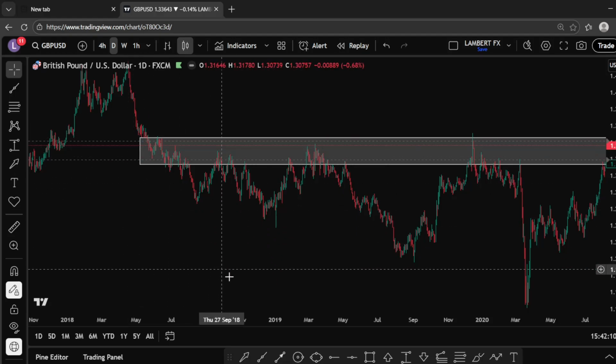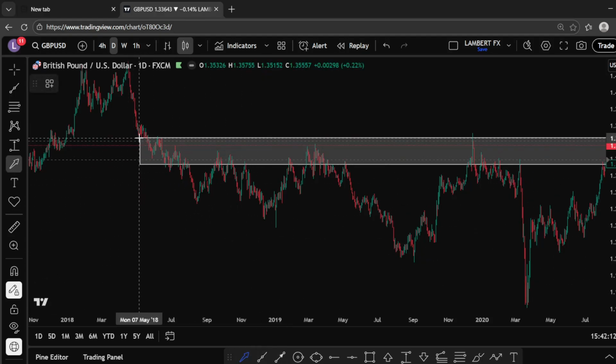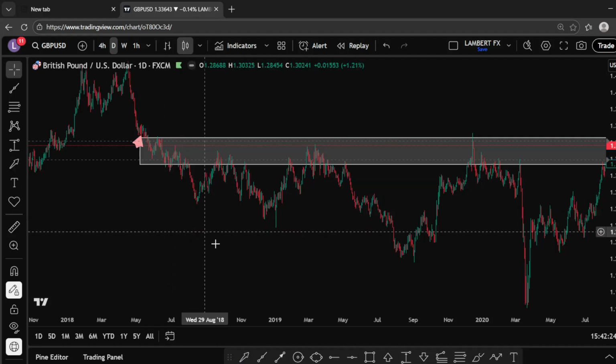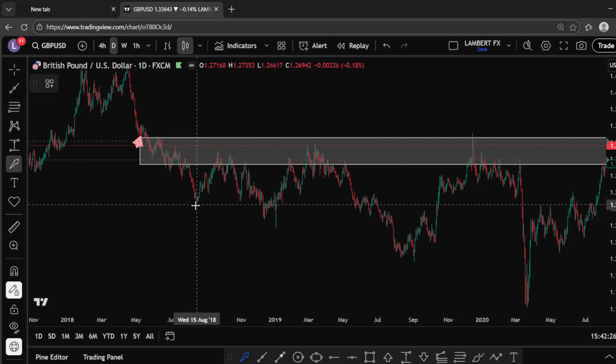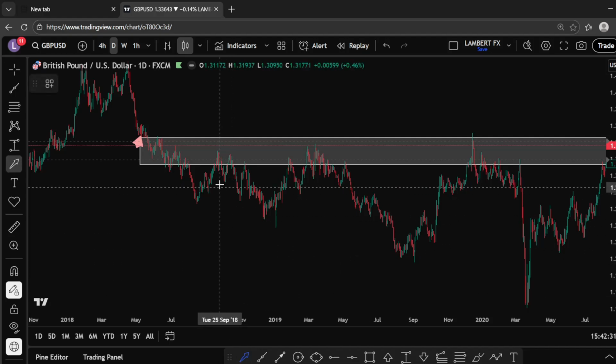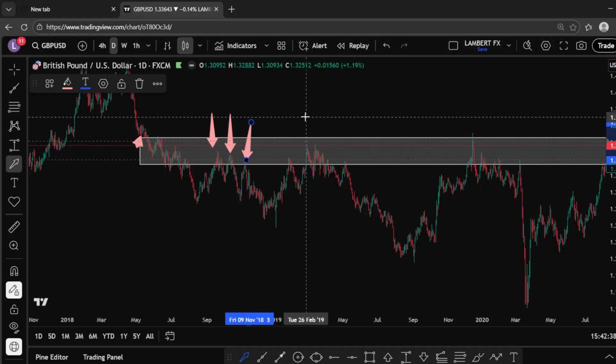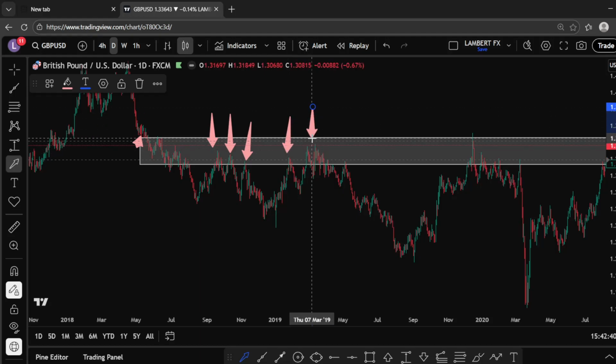Yeah, so we first had a bounce to the upside right there, the minute one, before we broke the level, and then we had the rejection here. Rejection there, rejection there, rejection and rejection of the level.